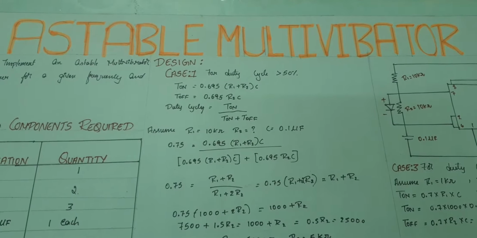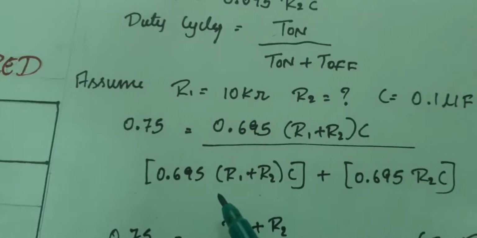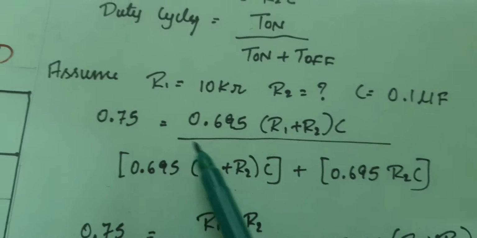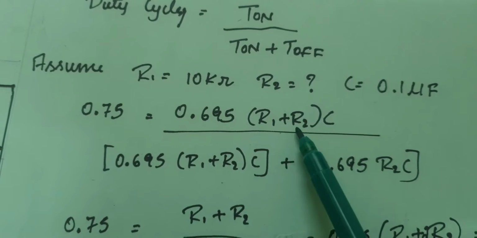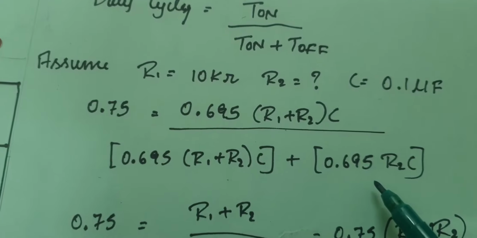Assuming that my one resistance value R1 is 10 kilo ohm, I want to find out the second resistance with the capacitance value of 0.1 microfarad. Since I am taking the value of the duty cycle as 75%, which is greater than 50%, 0.75 is equal to 0.695 into (R1 plus R2) into C divided by T on plus T off again.